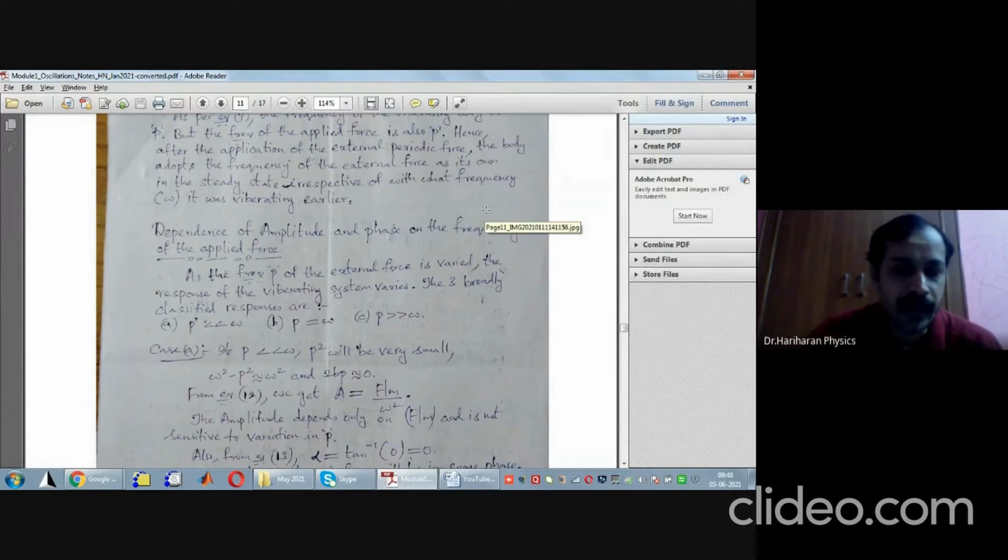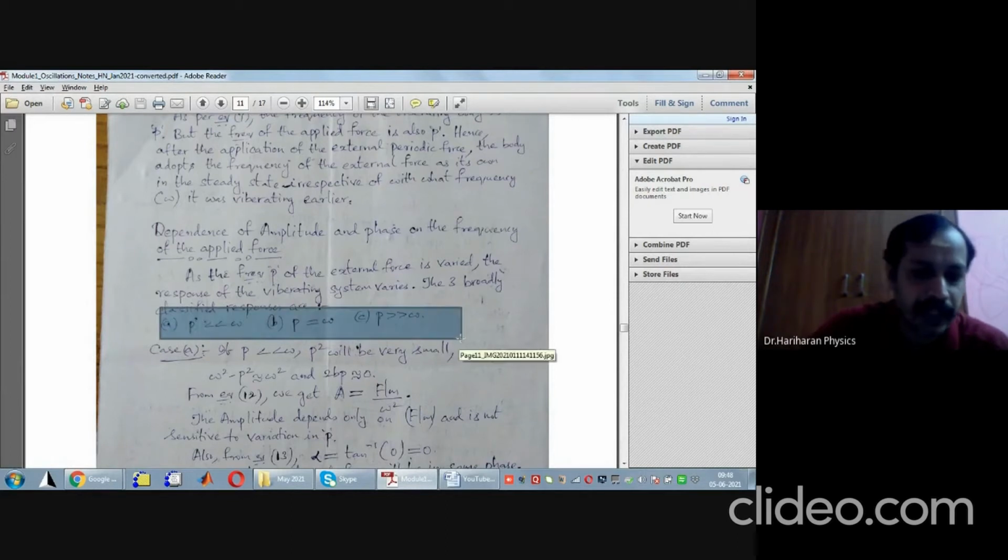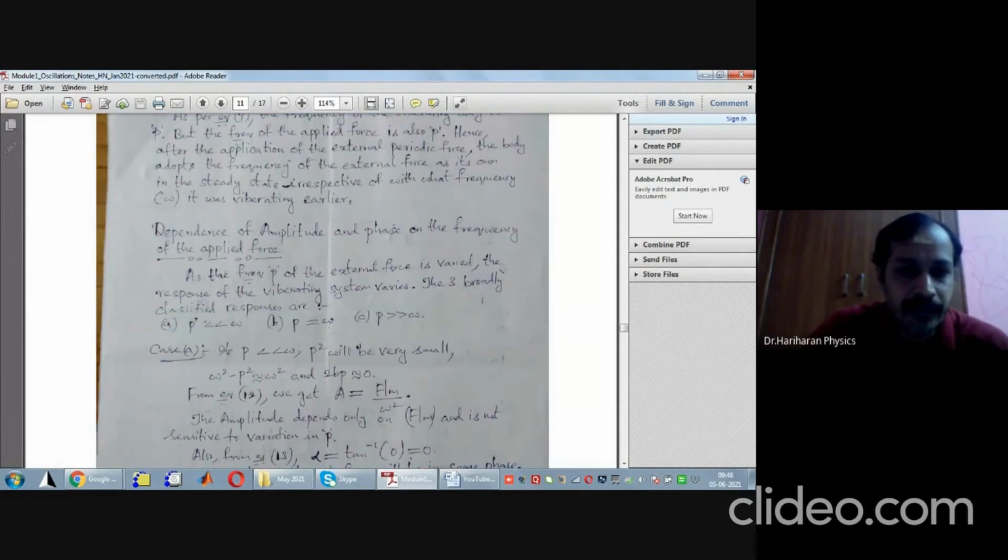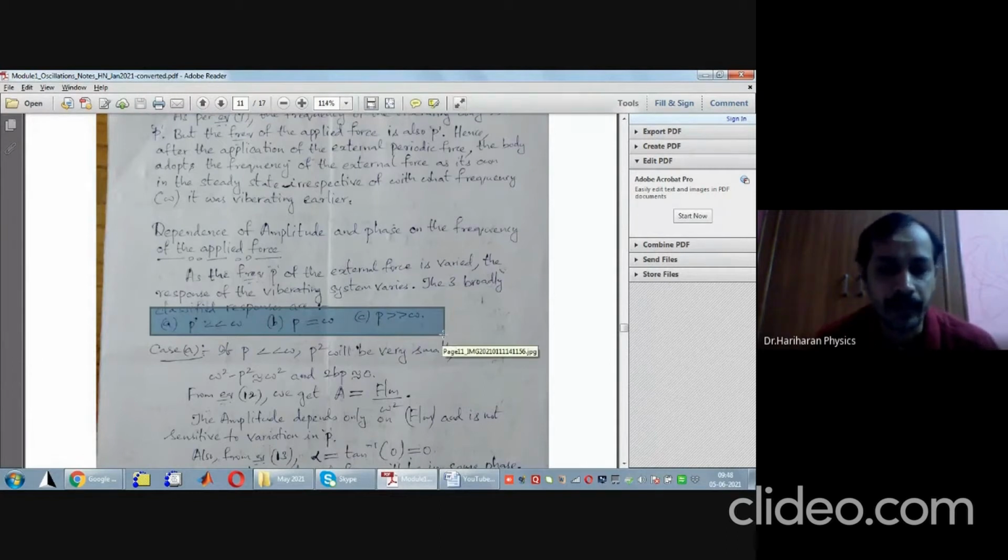One is P, the frequency of the applied force, being very much less than omega. Next is when the applied force P comes very close to omega. Next, when the applied force P happens to be far higher than omega. What does that mean?